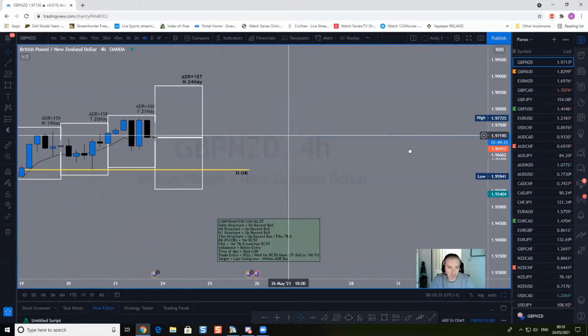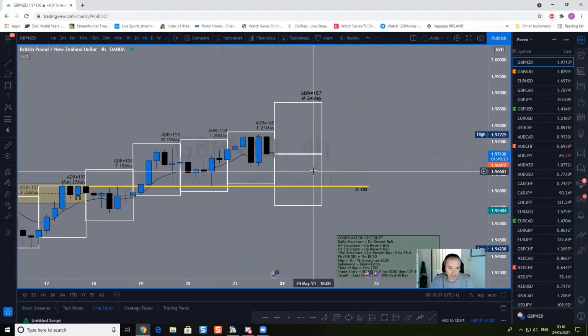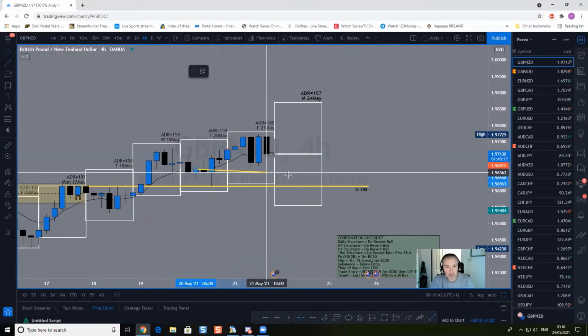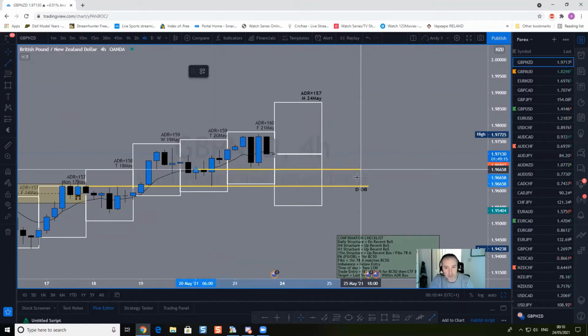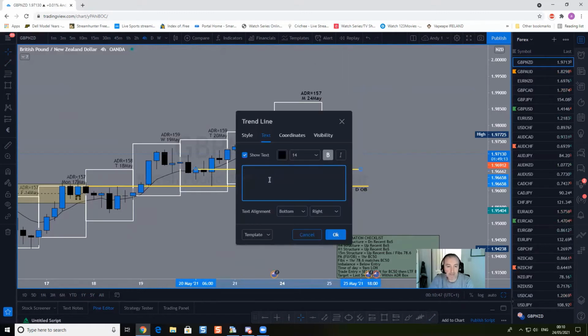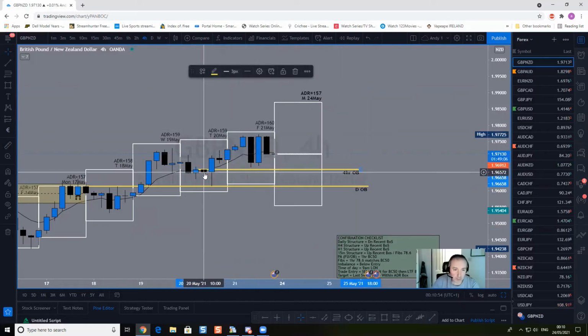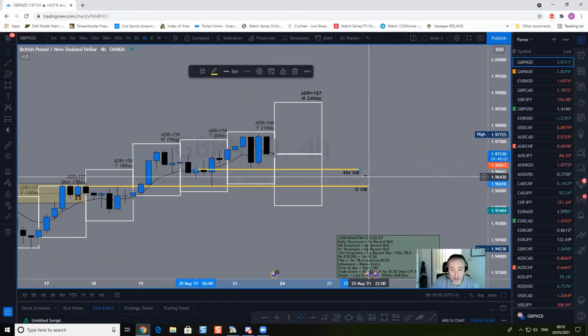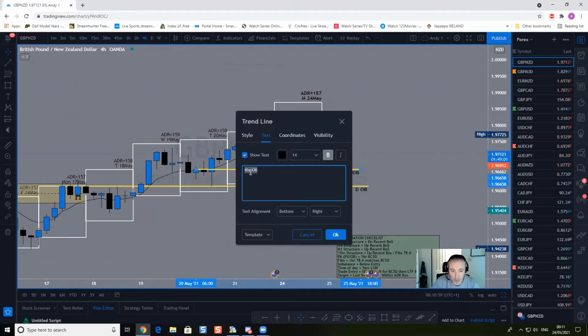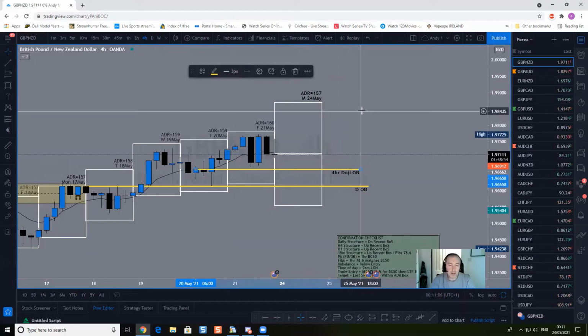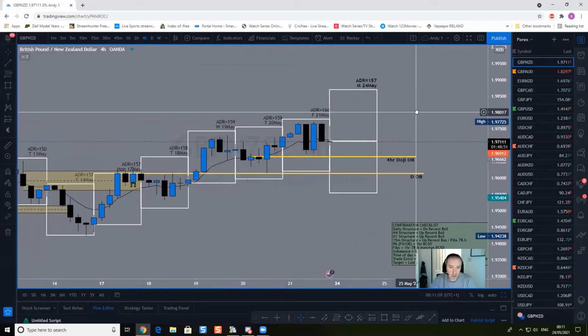Is there anything else here on the 4 hour? Yes, there is. We have another order block here for this black candle. This is a 4 hour order block for this doji candle here. In actual fact, it's a doji, so I should be labeling it a 4 hour doji order block.